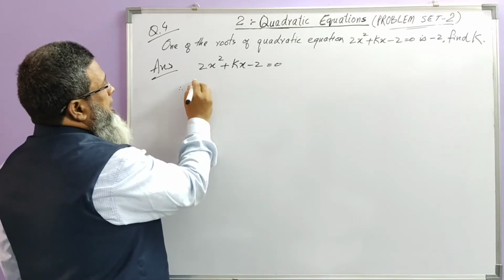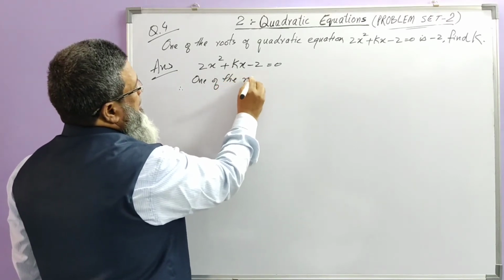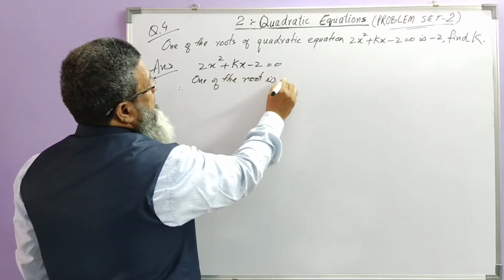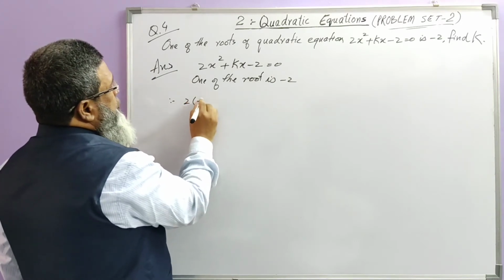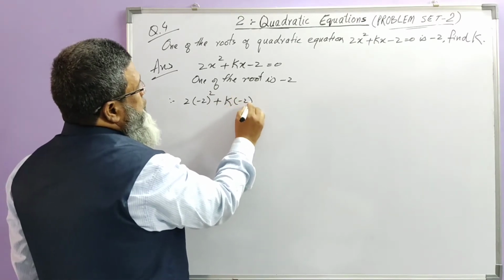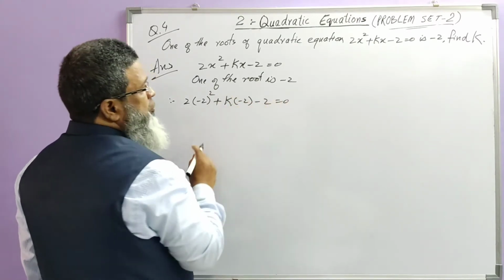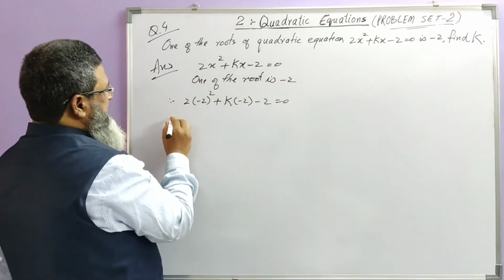So one of the roots is minus 2, therefore 2 into minus 2 square plus k into minus 2 is equal to 0. I have substituted minus 2 in place of x.